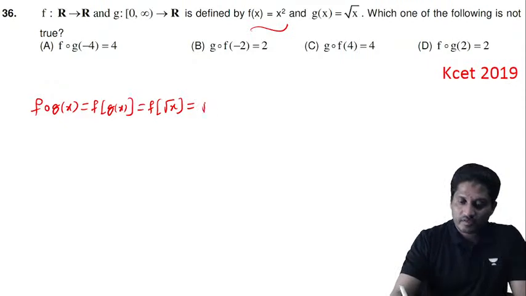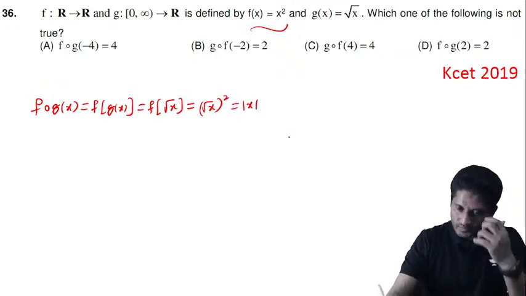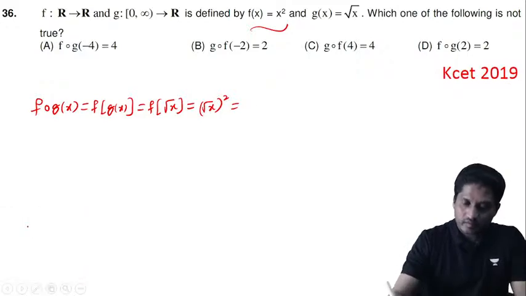F of root x is equal to root x the whole square. Root x the whole square is x. Okay, so root x the whole square is equal to x only. There's no mod. So this is only x.